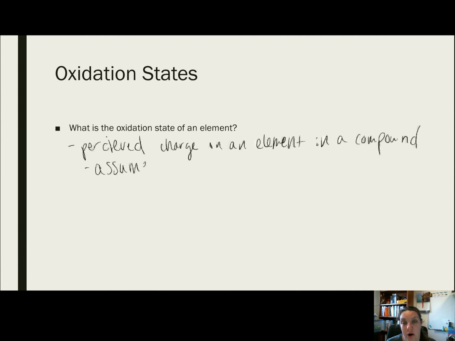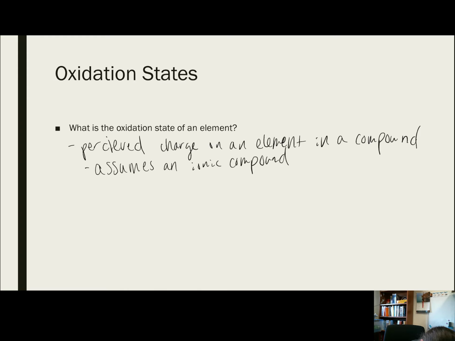Even though not all the species we're going to be looking at are ionic compounds, it's an easy way of doing it. Whatever is most electronegative is going to take the electrons, and the thing that is less electronegative is going to give up electrons. So assume all electrons are transferred to the more electronegative atom, and that the more electropositive atom does not.